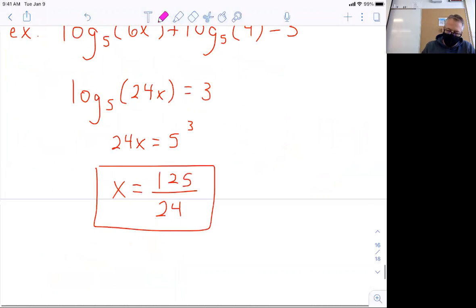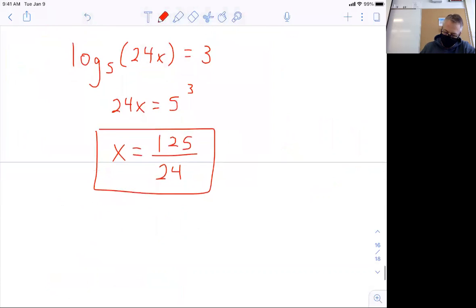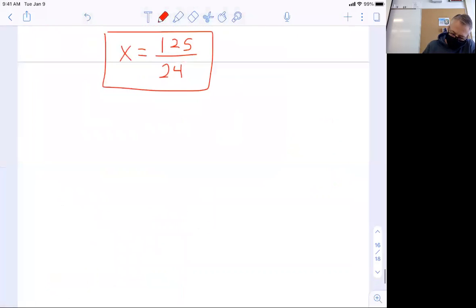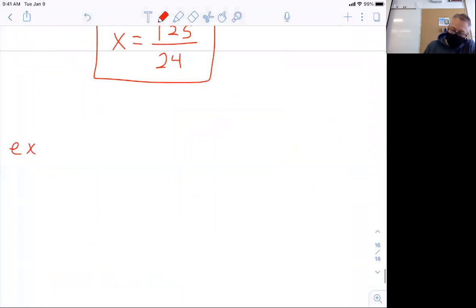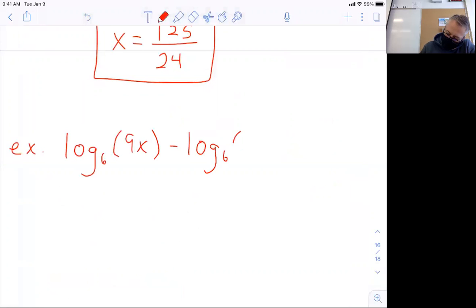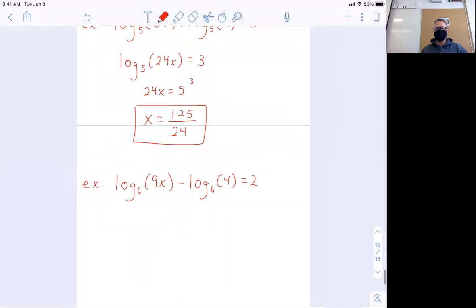All right, we got one more for you guys. So in our next one, it'll be a log equation again. So let's say we have log base 6 of 9x minus log base 6 of 4 is equal to 2.